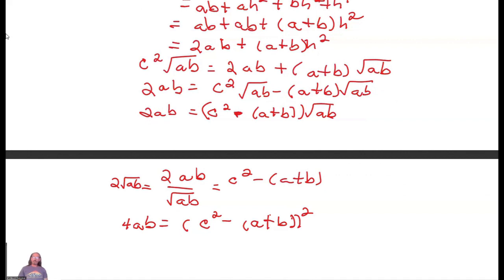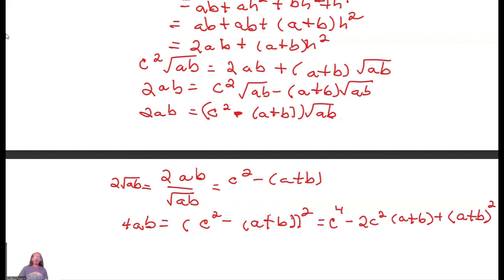I'm going to treat the right-hand side like that's a binomial. c squared squared is c to the fourth. We'll have in the middle minus 2c squared times a plus b, and plus the quantity a plus b, quantity squared.